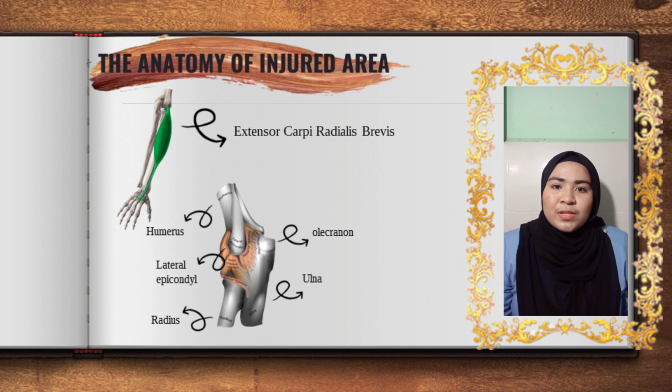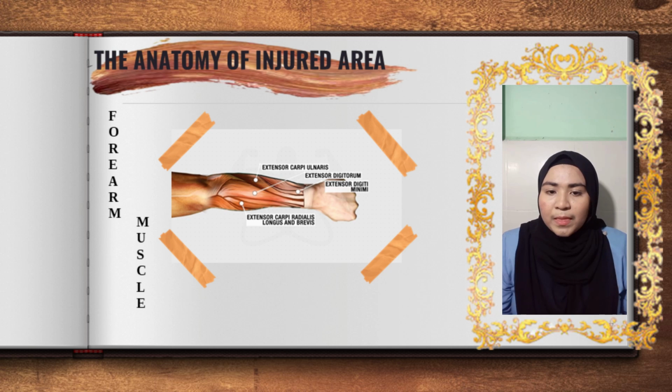As we know, tennis elbow is an injury that involves the tendons in the elbow. However, there are several muscles and bones involved in this injury. For tendons, the tendon involved is the extensor carpi radialis brevis, while the bones involved in this injury are the humerus, radius, lateral epicondyle, ulna and olecranon.